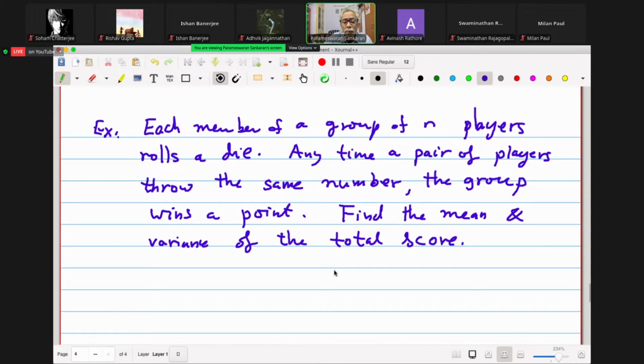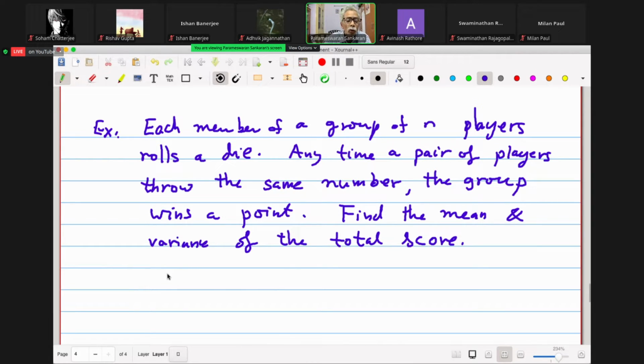Number of pairs. Each time a pair throws the same number, you score a point. So n choose 2, that's the maximum. So suppose all of them throw 5, 5, 5, 5, 5. Then there are n choose 2 pairs, such that each pair has thrown the same number, and that means the group wins. The contribution for each pair is 1. There are n choose 2 pairs, so the maximum value it can take is n choose 2. So anyway, it's a random variable.